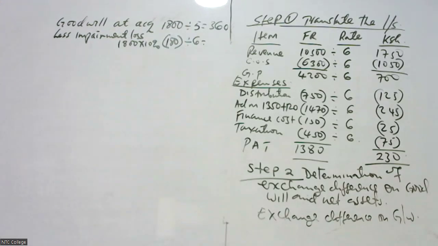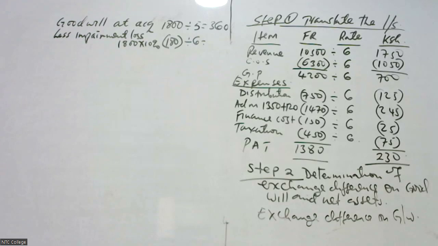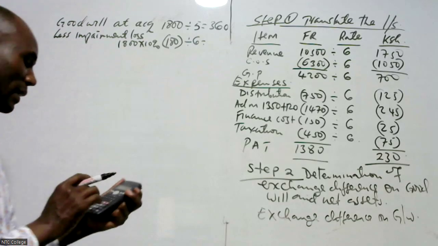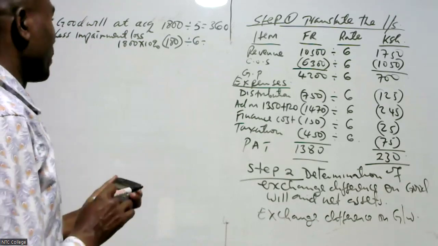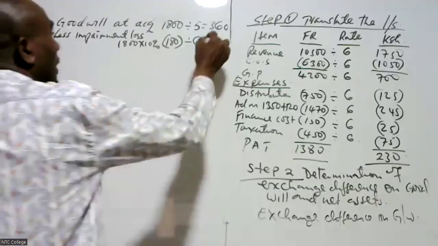Remember, impairment loss is an expense, and we say all income statement expenses and revenues use the average rate. Therefore, we divide the impairment loss by 6, which is the average rate, and I get 30.